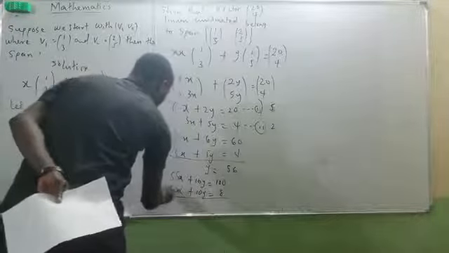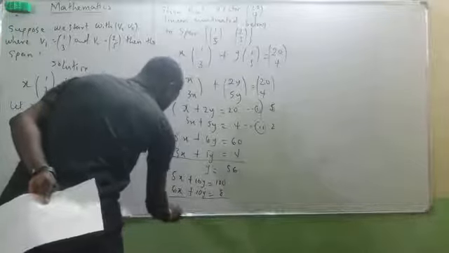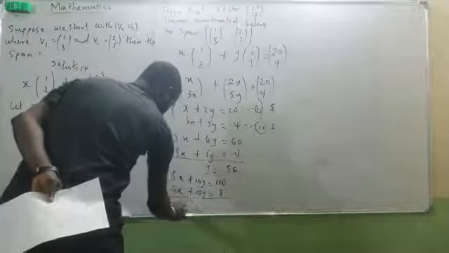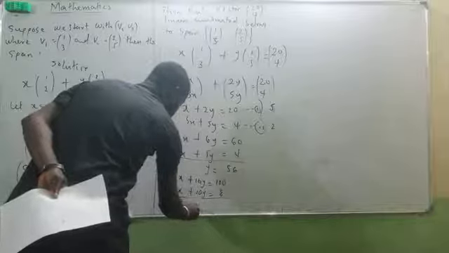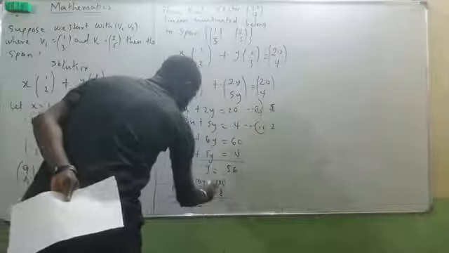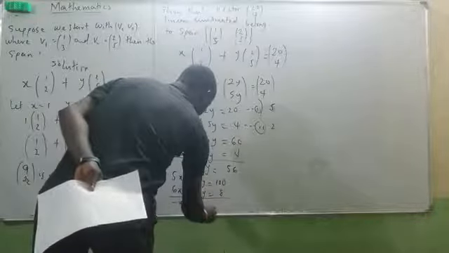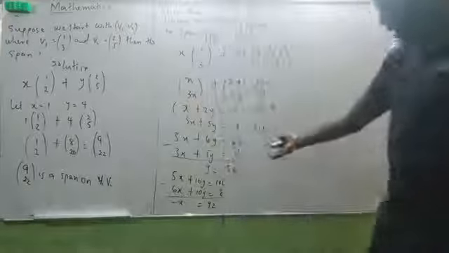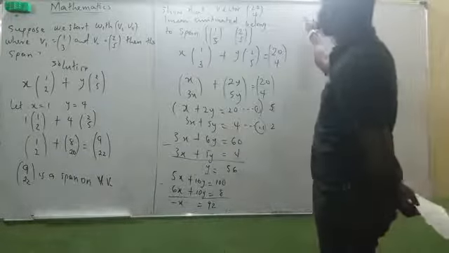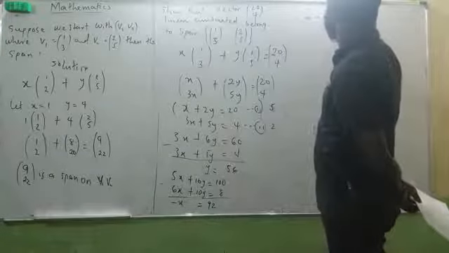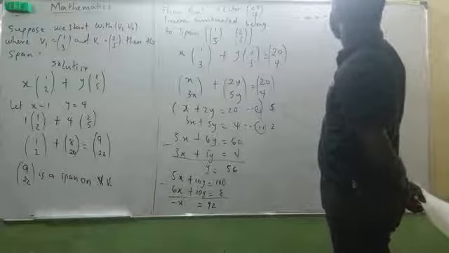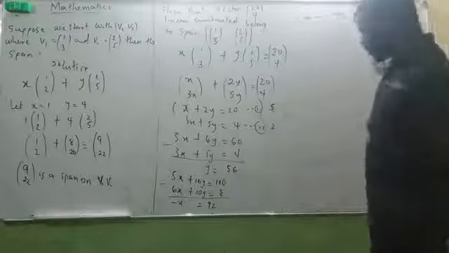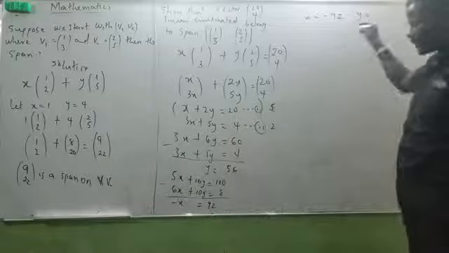That's going to be a minusing, minus x equals to 92. Now it means my x is 92, right? If I should get right, my x equals to minus 92. My y equals to 56.